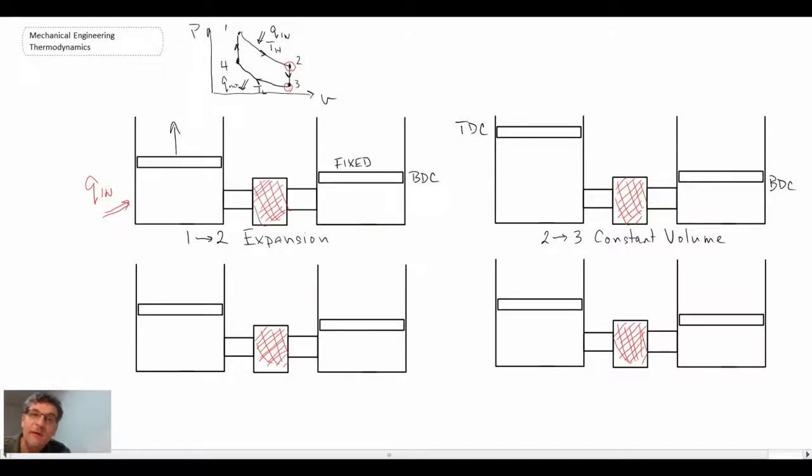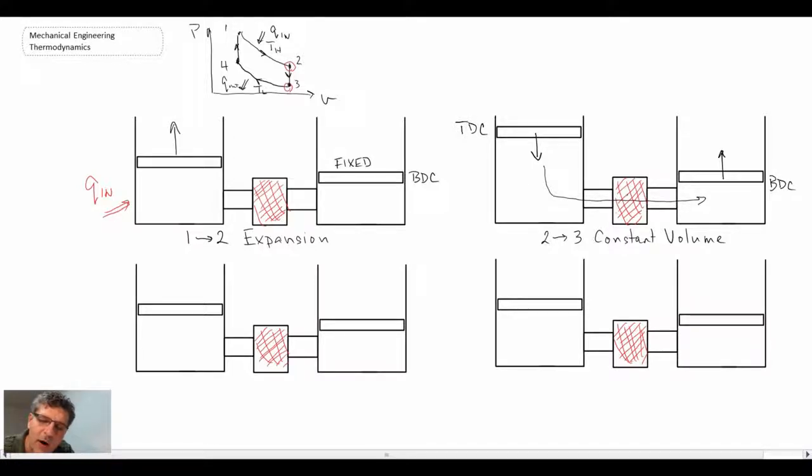Now what's happening, this is a constant volume process. So that means that these two pistons need to move at the same rate, at the same velocity. So they're moving in unison. And while that is taking place, the working fluid gets passed through the regenerator. And remember, it was hot because that's the hot cylinder.